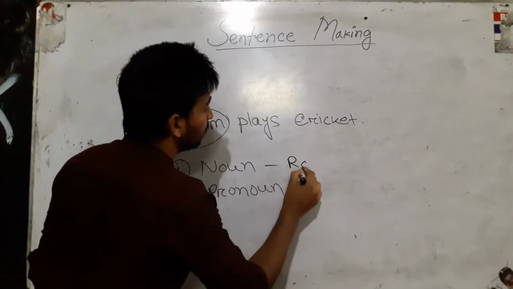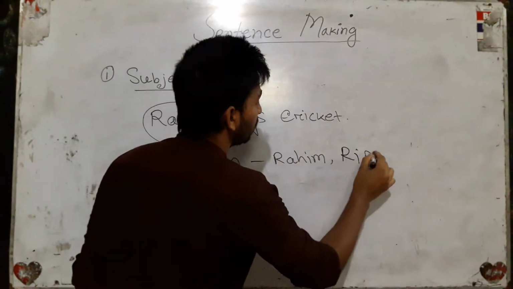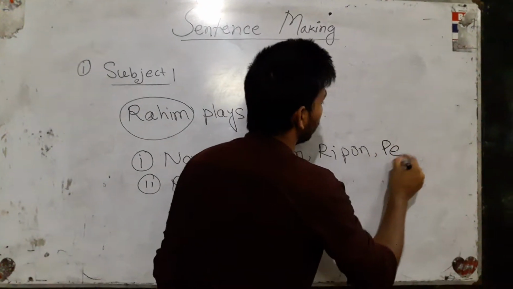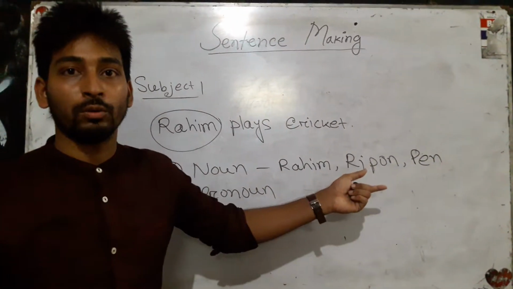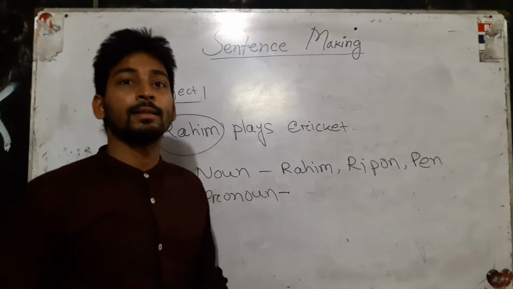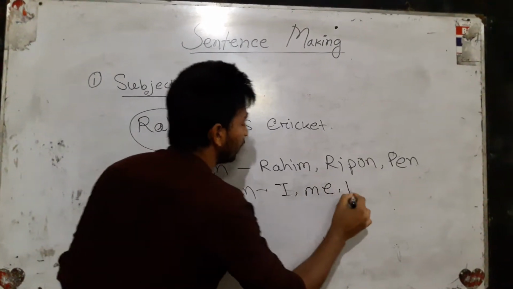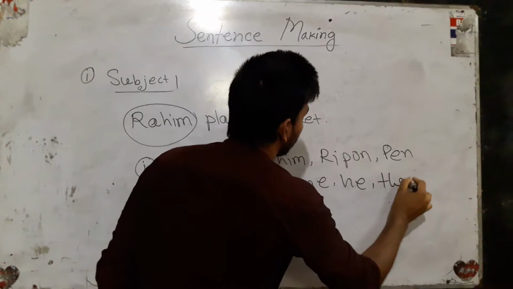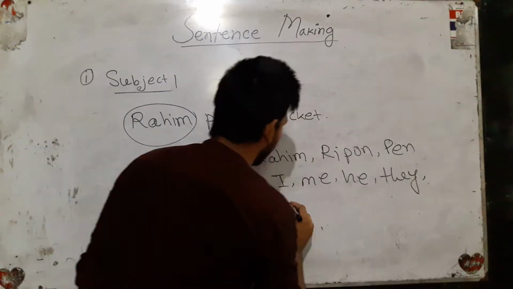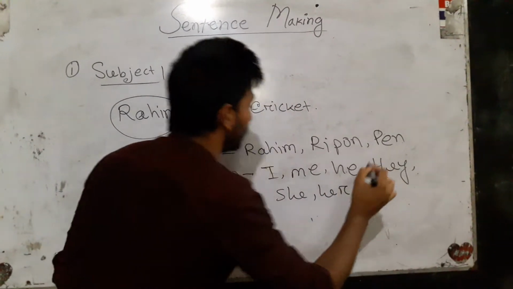Just like Rohim, Ripon, Payel. These all are nouns. Okay? But what is a pronoun? A pronoun is just like I, me, he, they, she, her, it.